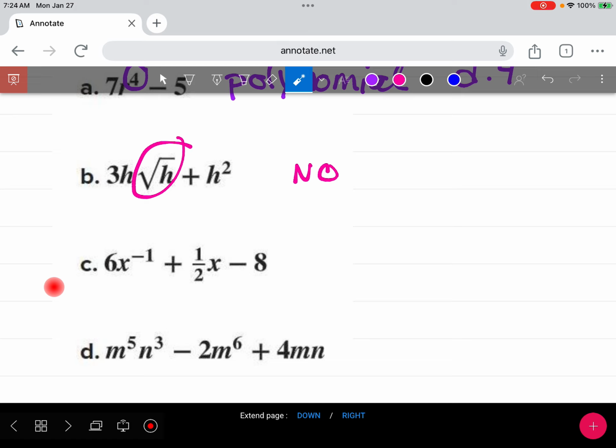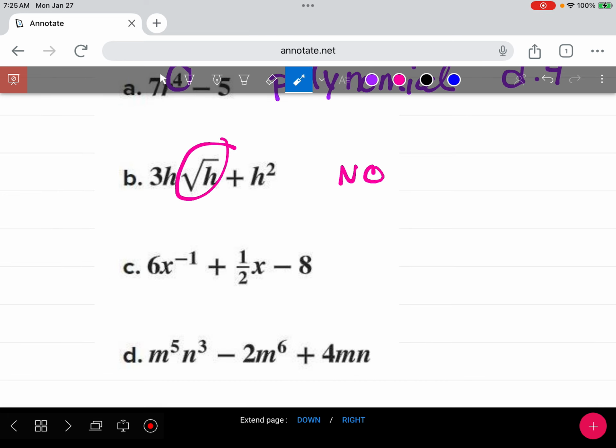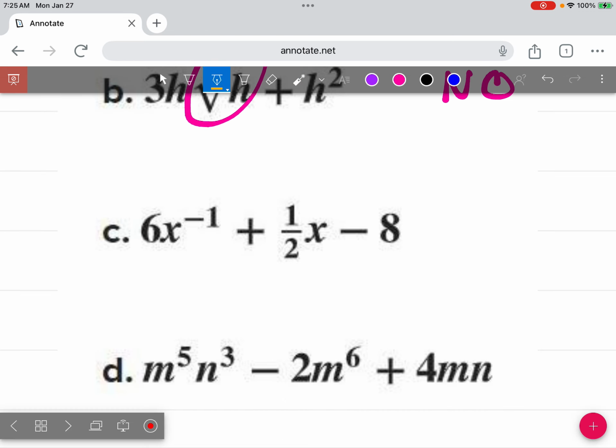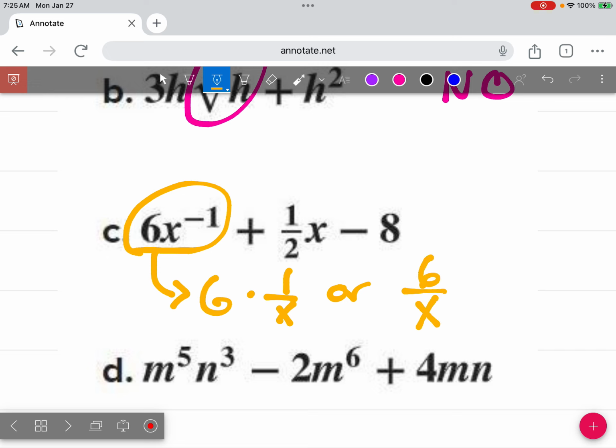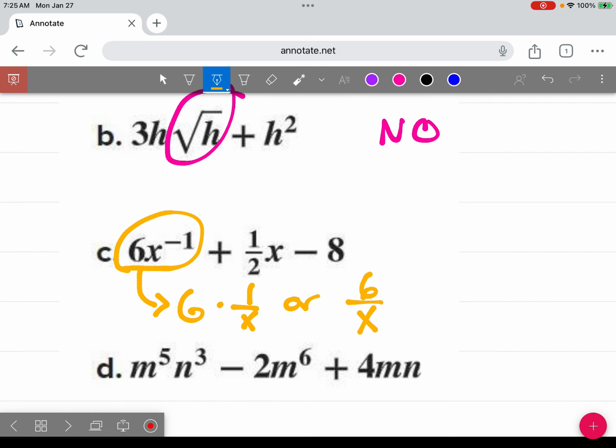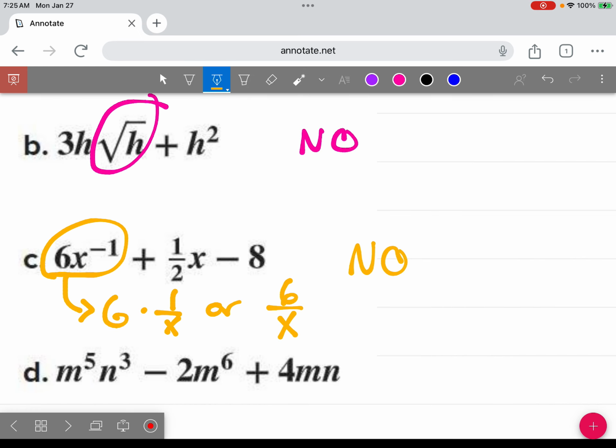Because there's a negative exponent. If I was to switch this around to make it so it didn't have a negative exponent, I would be able to write this piece as 6 times 1 over x, or 6 over x. And in our polynomials, we are not going to have variables in the denominator. So that means we also do not have negative exponents. So no, this is not a polynomial.